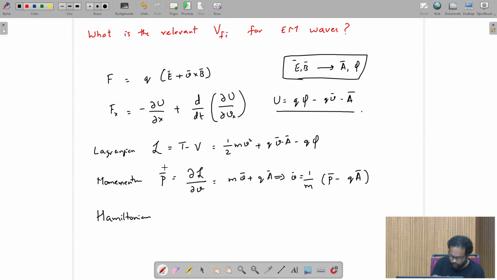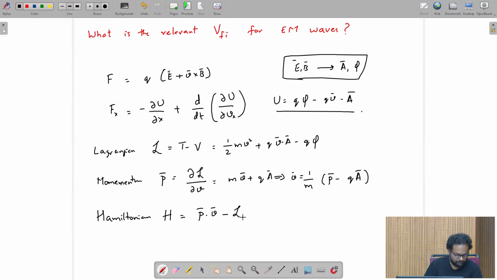I can use both this momentum and the Lagrangian to write my Hamiltonian to be P dot V minus L. If you make these substitutions, which I'll leave to you, it's not difficult.